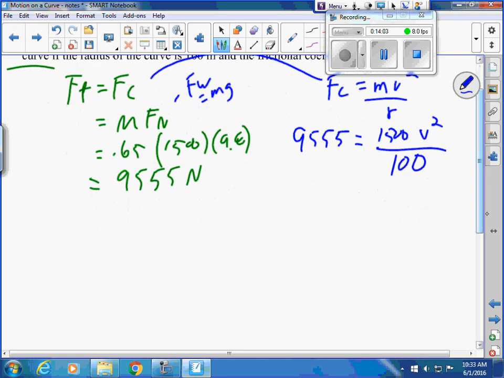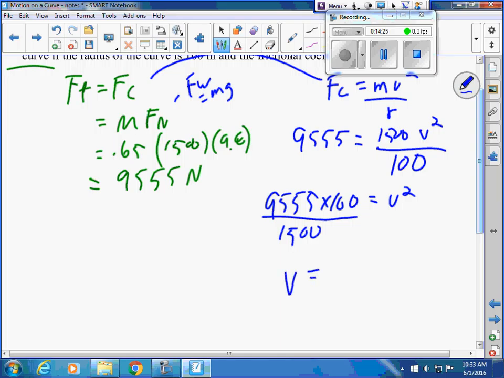We're going to multiply both sides by 100. And then we're going to do what? Divide by 1,500. And that's going to give me v squared. I got the answer. I get 25.2. Gotta square root it.